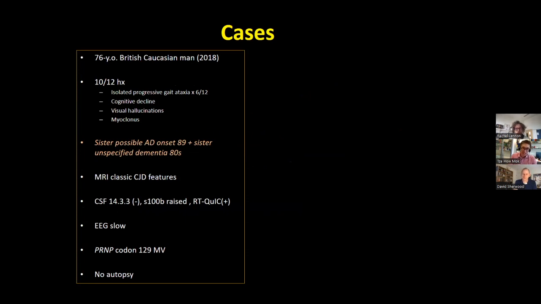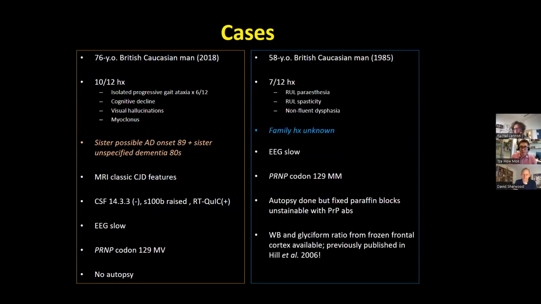And he did not have an autopsy. But then I remembered that in the previous paper published by Hill et al. in 2006, from which we used the glycoform ratio, there was a case of 2-OPRI included. And we did a bit of digging, and this case dated from 1985. And this man presented with a clinical picture similar to sporadic CJD.